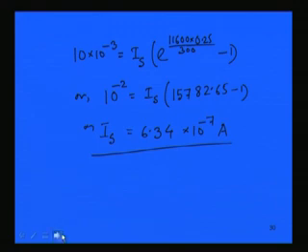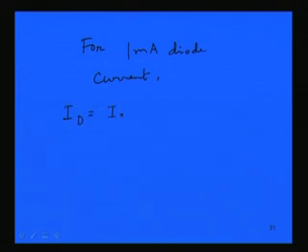Now, the next part of the problem is when 1 milliampere diode current is flowing. For 1 milliampere diode current, we again write this equation, I_D equal to I_S into e to the power k V_d by T_k minus 1.